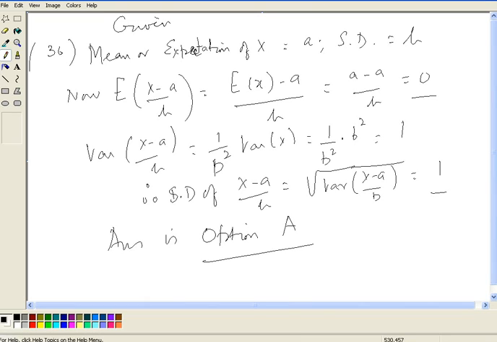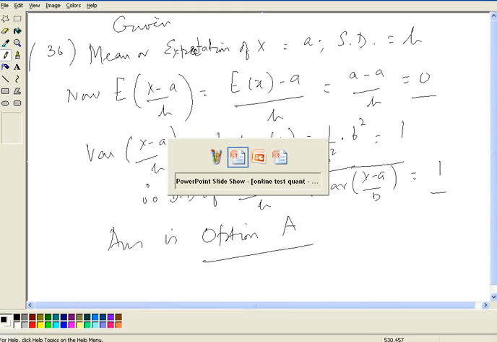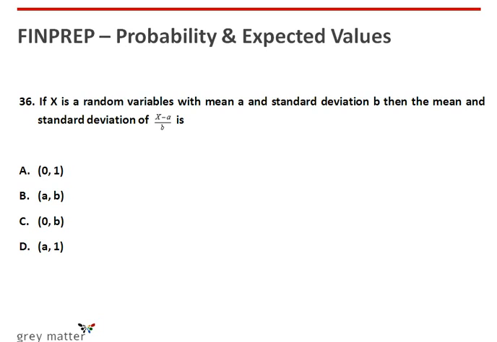So the answer is option A. Going to our PowerPoint presentation, it is option A, which says 0 is the mean and 1 is the standard deviation of the function x minus A by B.